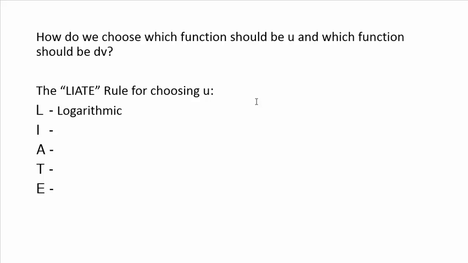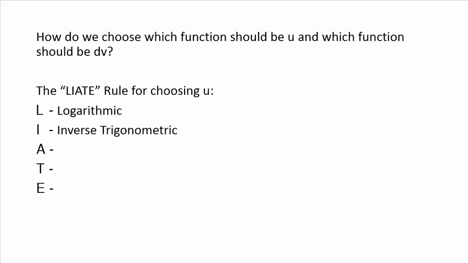And the reason is, say we think of ln of x, when we take the derivative of that, we are going to get 1 over x. And so say we have a polynomial function as our dv. When we integrate that, we're going to get another polynomial, and if we multiply it by du, we're going to be simply canceling off an x from every term involving an x, and obviously that's going to be pretty easy to integrate.